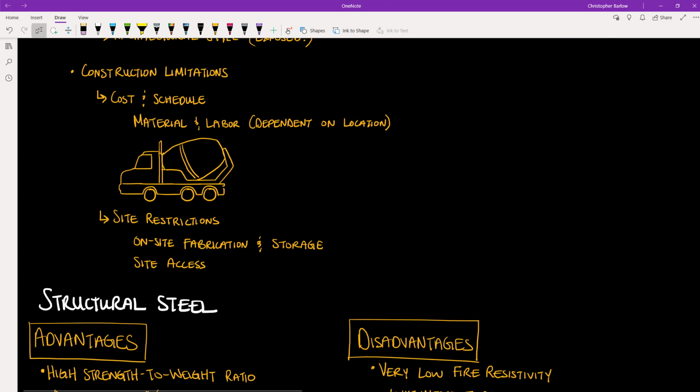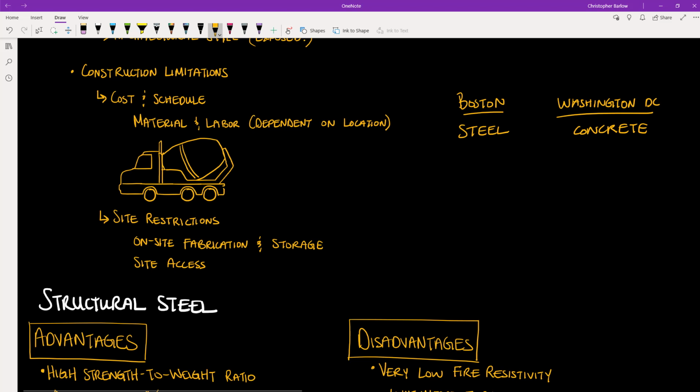Finally, we have construction limitations. So to give you an example, where we are here in Boston has historically been a steel city, whereas a place like Washington, D.C. has historically been a concrete city for the buildings that are built downtown.